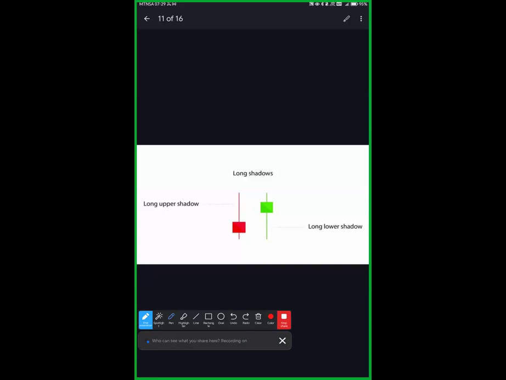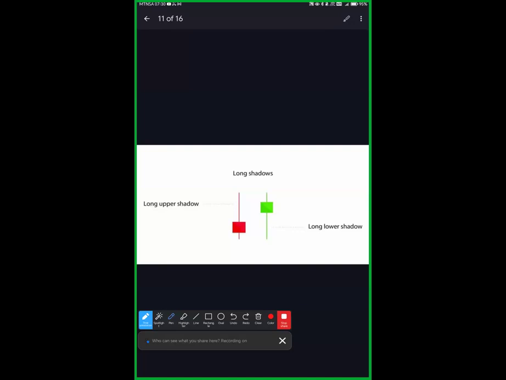When you see candles that have short shadows, there is information being shown to you as a trader. It means that most of the trading action was confined near the opening and the closing.